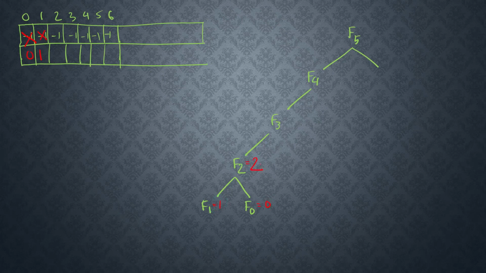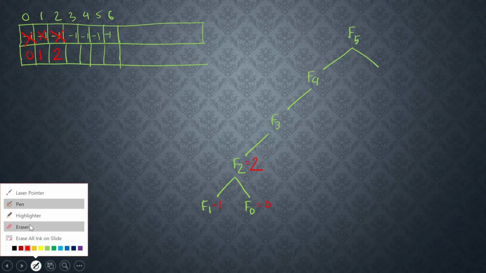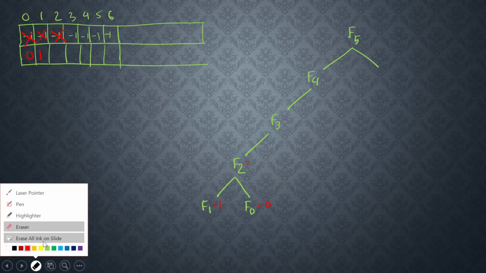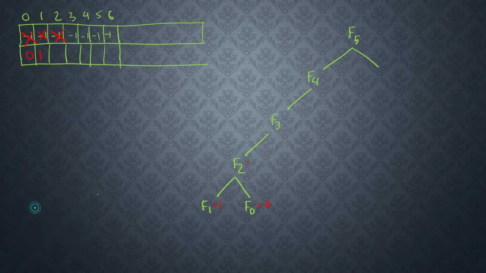When it is calculated, we will override this minus 1 and replace it. Well, actually I made a very silly mistake there. It will be 1. Obviously 0 and 1 sum up to 1. So I write the value here as 1.